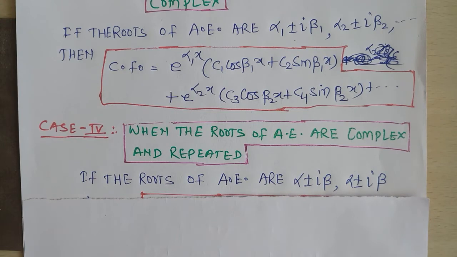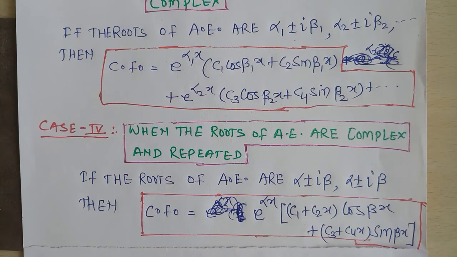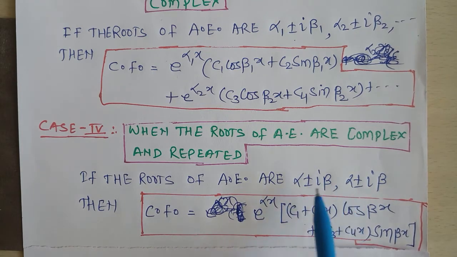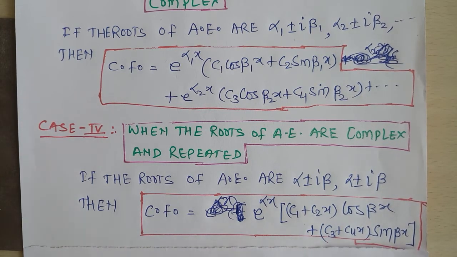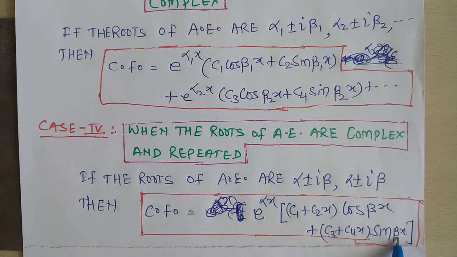In that case, the complementary function can be written as e power alpha x, (c1 plus c2 x) cos beta x plus (c3 plus c4 x) sin beta x. So similarly, as in the real roots we write for repeated roots, in complex roots we use the same type of constants, e power alpha x, for two repeated roots, (c1 plus c2 x) cos beta x plus (c3 plus c4 x) sin beta x.